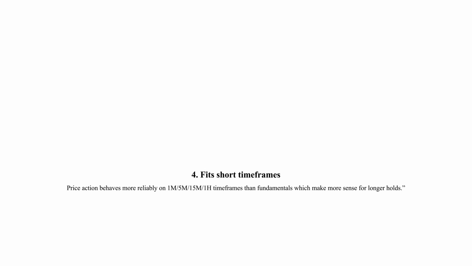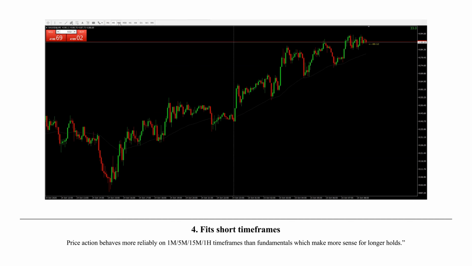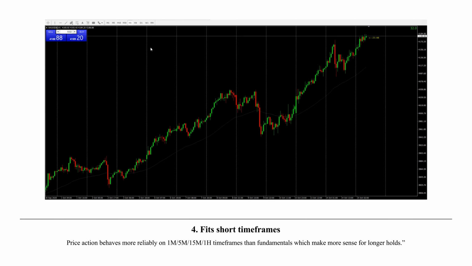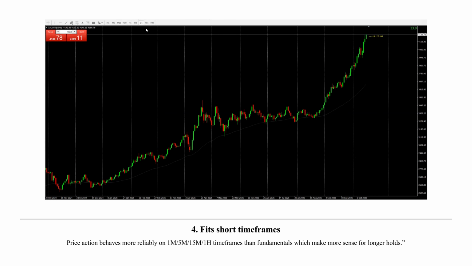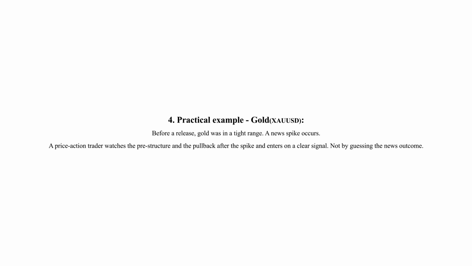Point 4. Fixed short time frames. Price action behaves more reliably on 1 minute, 5 minute, 15 minutes, and 1 hour time frames than fundamentals, which make more sense for longer holds. Practical example.